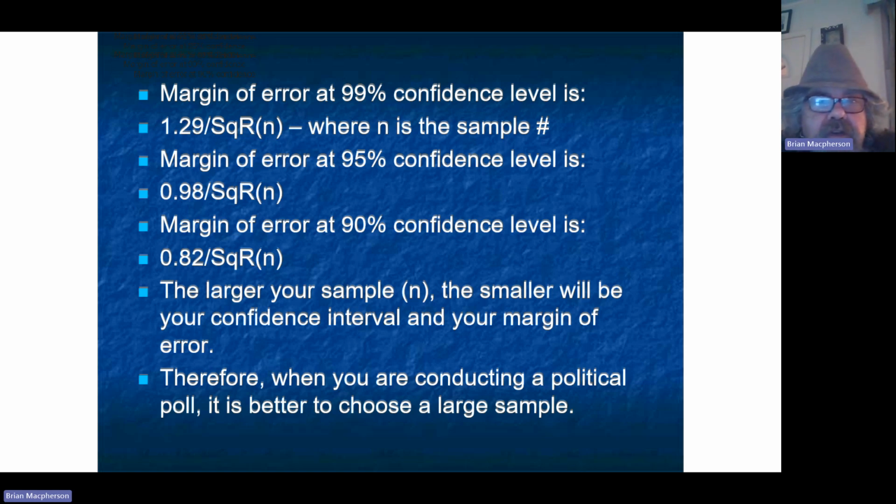Notice that the margin of error for a 99% confidence level is wider than for a 95% confidence level. Sorry, it's the other way around, my apologies. The margin of error is wider for a 99% confidence level than it is for a 95%, all right?